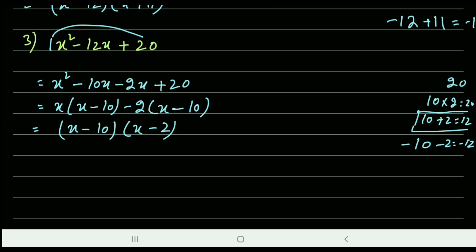So now we will solve 4 terms factorization questions.